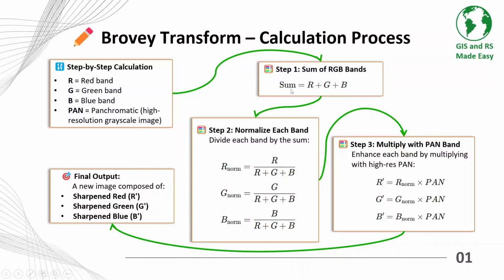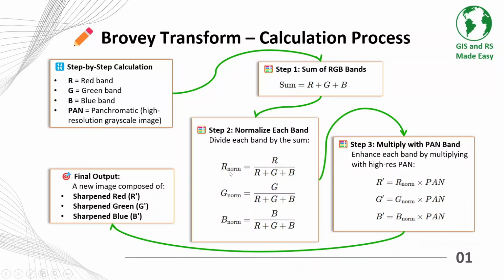So after calculation of this sum, we will get the summation result of the red, green and blue bands of every pixel. And then the second step is to normalize each band. So we will normalize each band's value by dividing by this summation result.